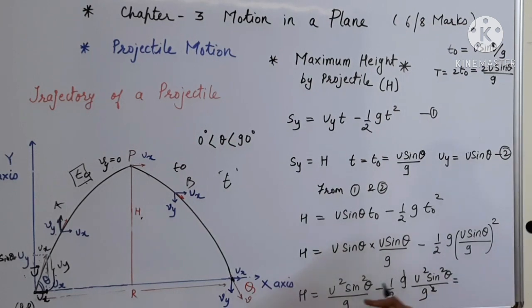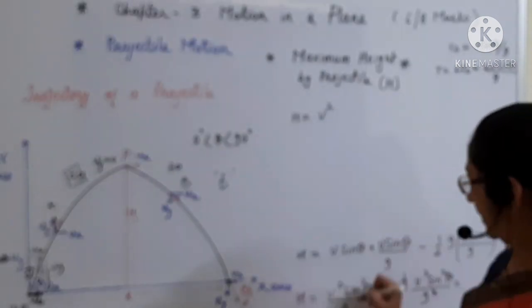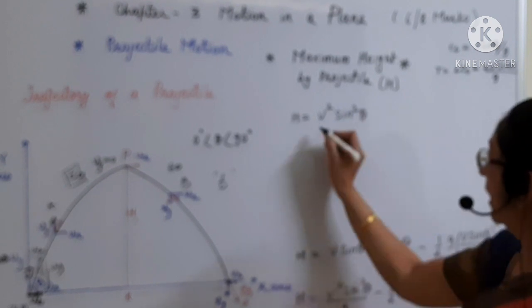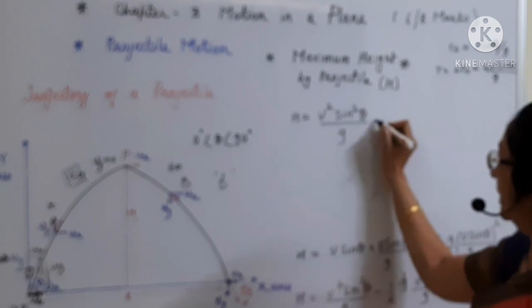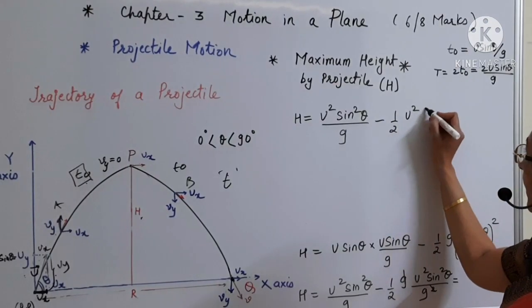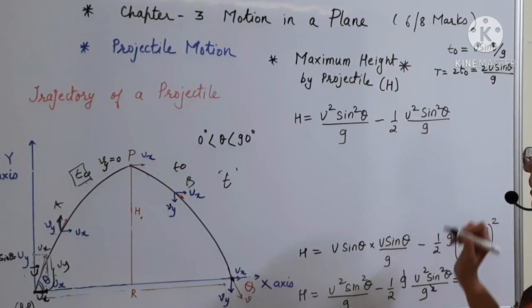So we get h is equal to u square sin square theta upon g minus half u square sin square theta upon g.